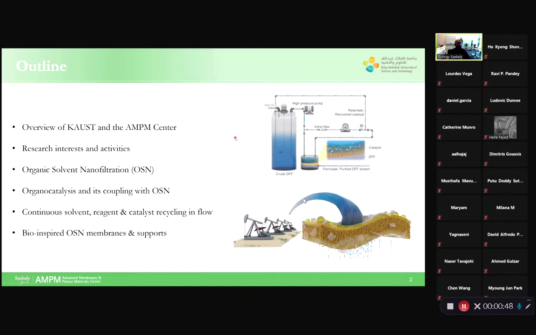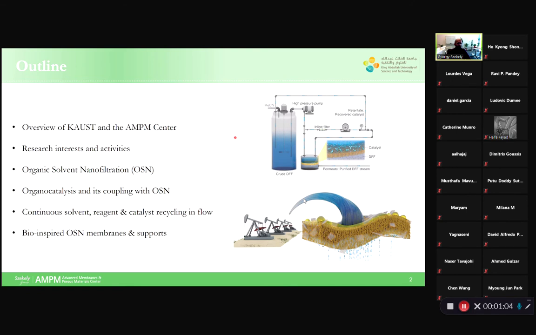Okay, so here is the outline of my presentation. First, I will give an overview about KAUST and the membrane center where I work. And I will briefly discuss the research interests of my group.